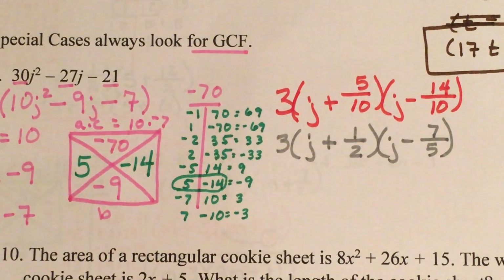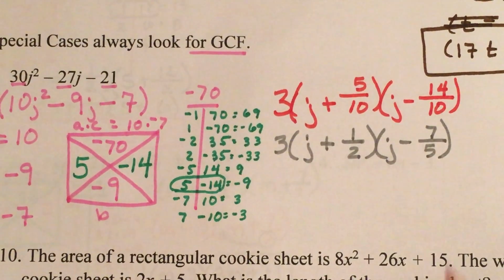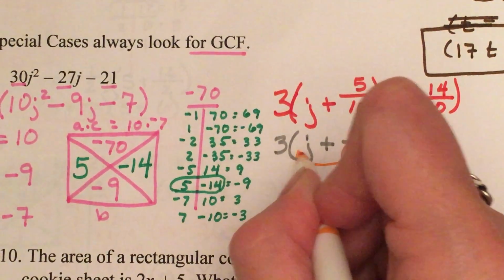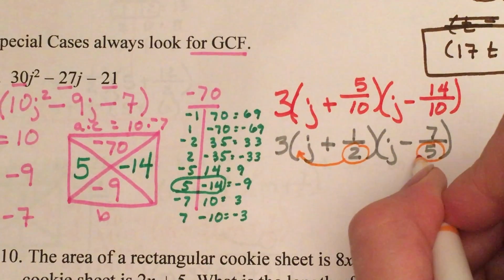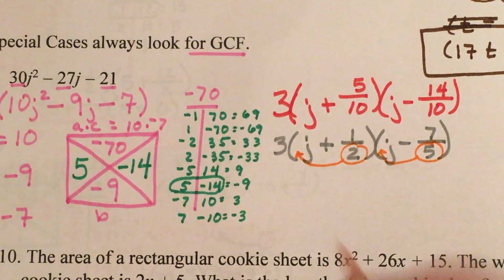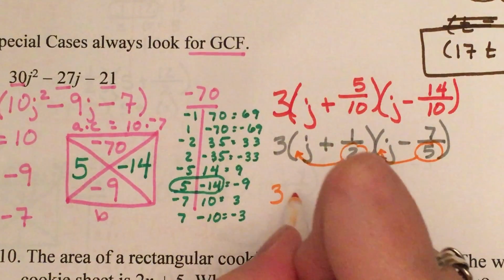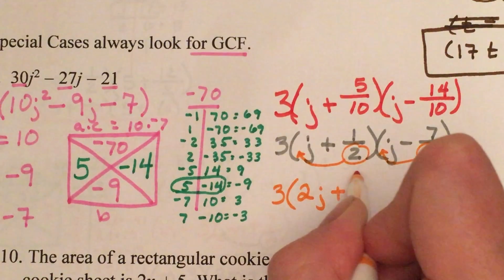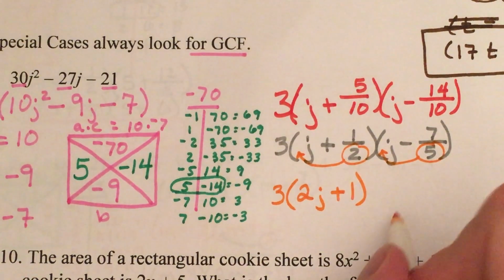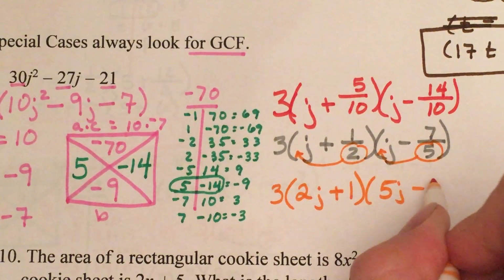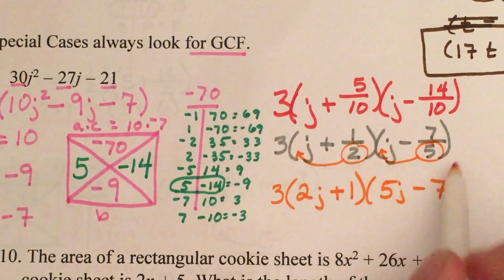All right. Let's finish this off. I actually have to move 2 denominators for this problem. But that's okay. It's not hard. It's just something we got to do, and that's fine. So I've got 3 times 2j plus 1 times 5j minus 7.